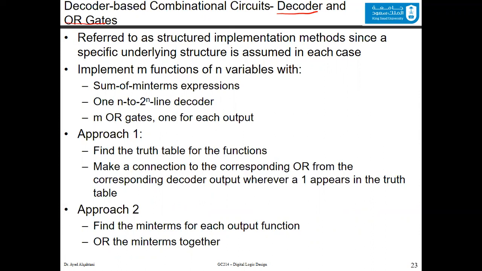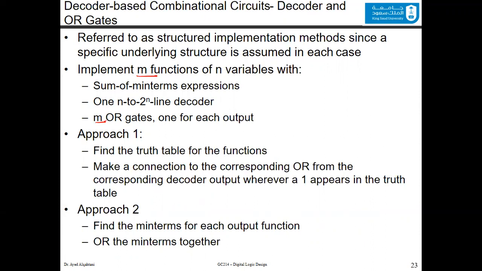So to do that, you will have sum of min term expressions, and then you will use 1 decoder with a specific size, n to 2 to the power of n line, and you will use m number of OR gates based on how many functions you have. If you have m functions, you will have m different OR gates.